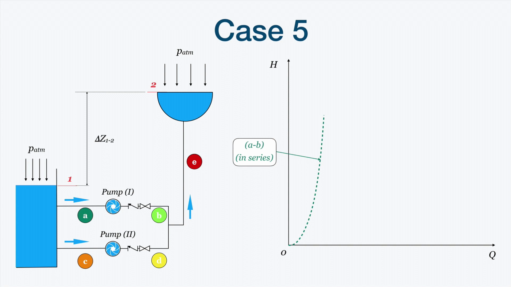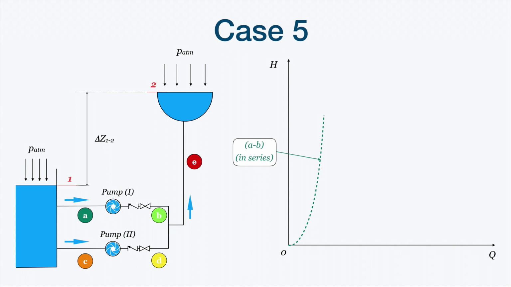Normally, the combined curve C plus D in series would match this curve because normally these systems are symmetrical, identical. But to show here how to sum every system, we will consider that in this case the head, the pressure losses curve, is different between those systems.